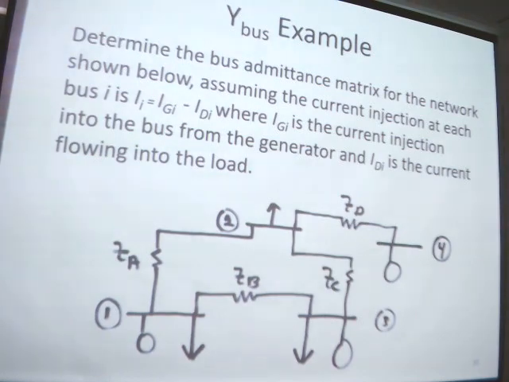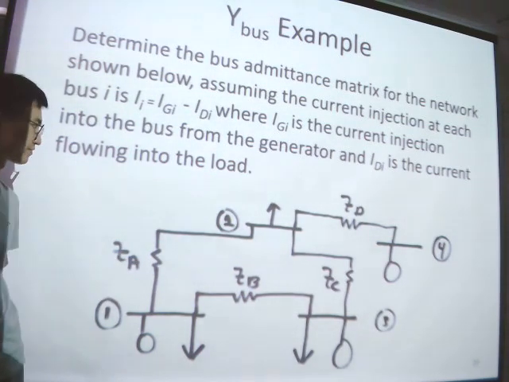Okay, so I'll show you one example. For this system, we need to build the bus admittance matrix. The current injection in each bus is the difference between the current injection into the bus from the generator and the current flow into the nodes, okay?